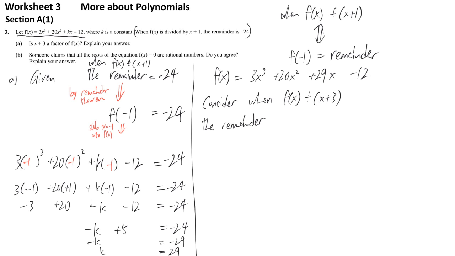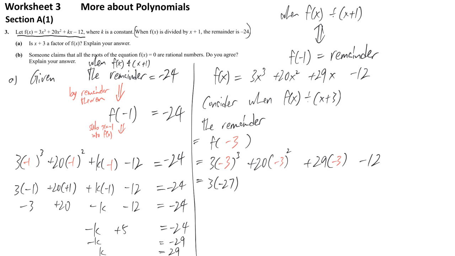We can find the remainder by the remainder theorem: f of the suitable x to make the divisor become 0, which is -3. You may rely on your calculator or do it very carefully.